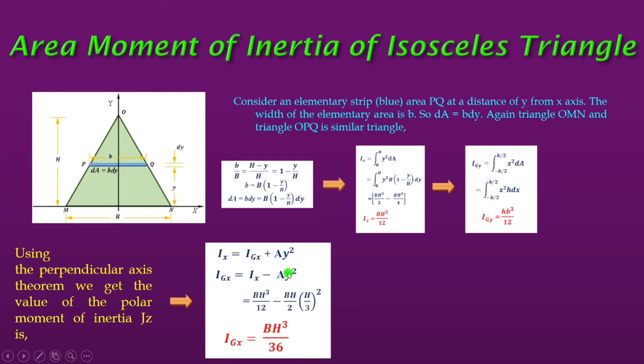So the distance y equals h by 3, also termed y bar. Substituting these values, we get Igx equals bh cube by 36. So you need not find Igx separately; using this equation you can get the value of Ig.